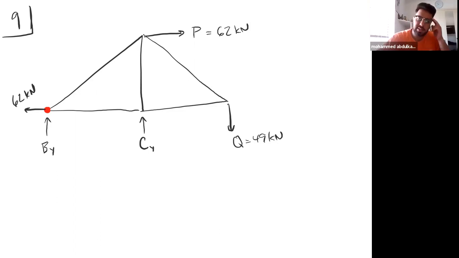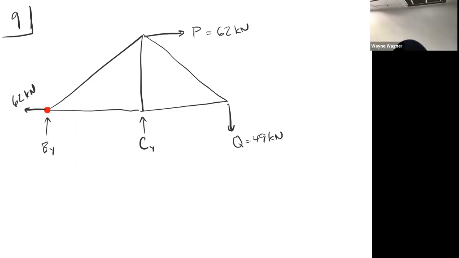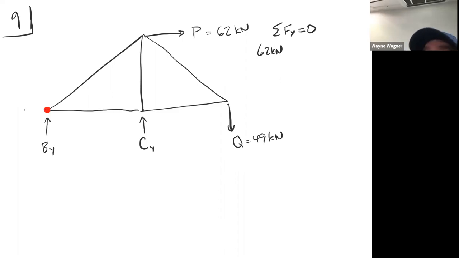Can you please repeat this step? Yeah, so what I did mentally is, on the whole thing, I said, what is the sum of the forces in the X direction? I've got P, positive 62 kilonewtons, and I had BX like that.